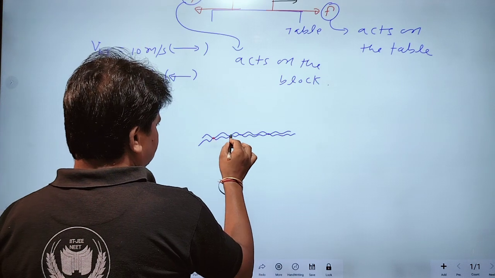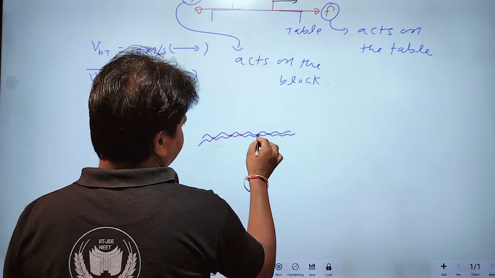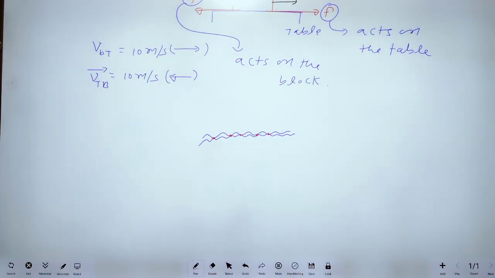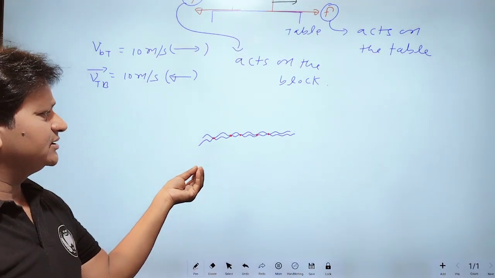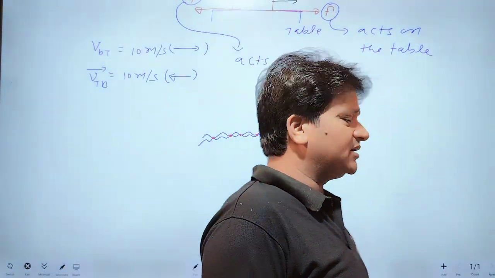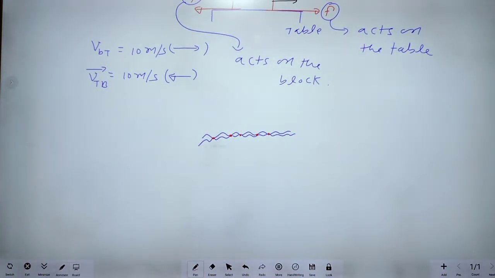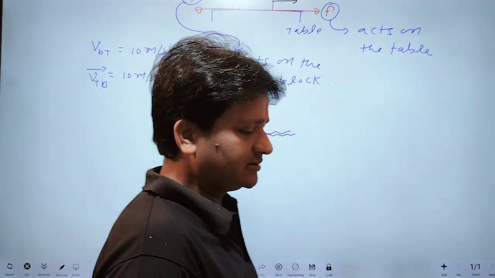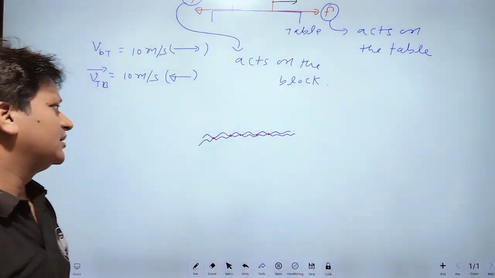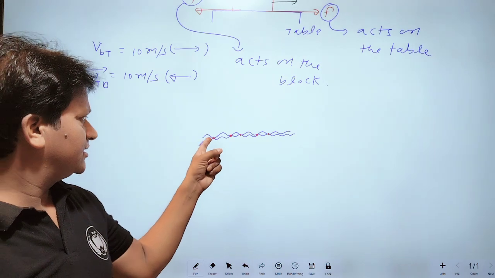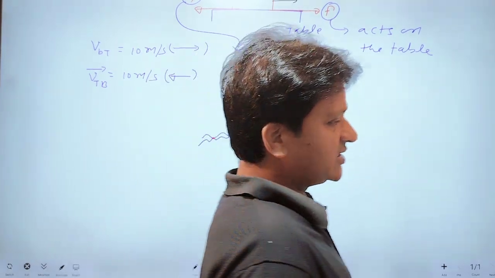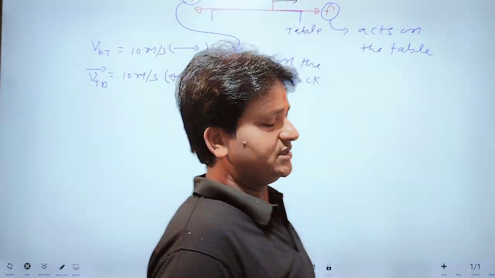These are the points of contact. The larger the number of points of contact, the greater will be the friction. As the number of contact points increases, friction also increases.